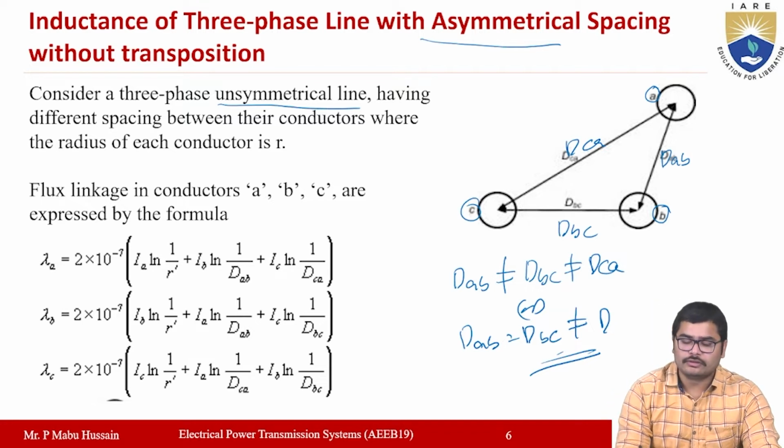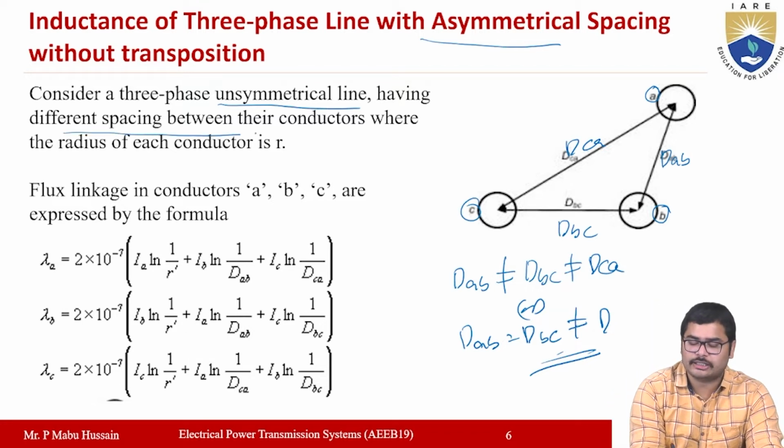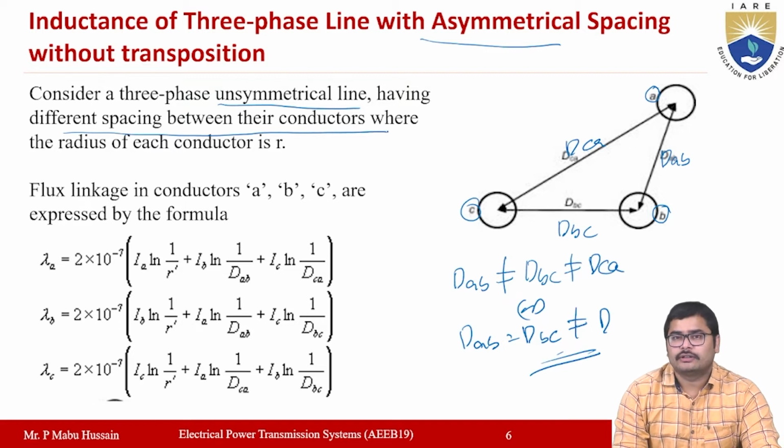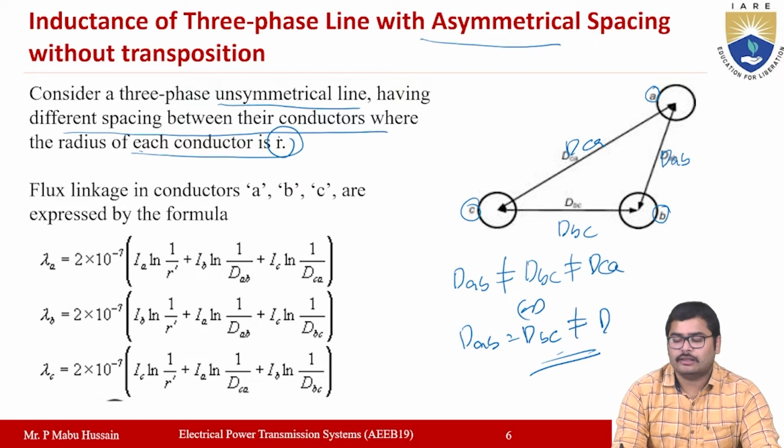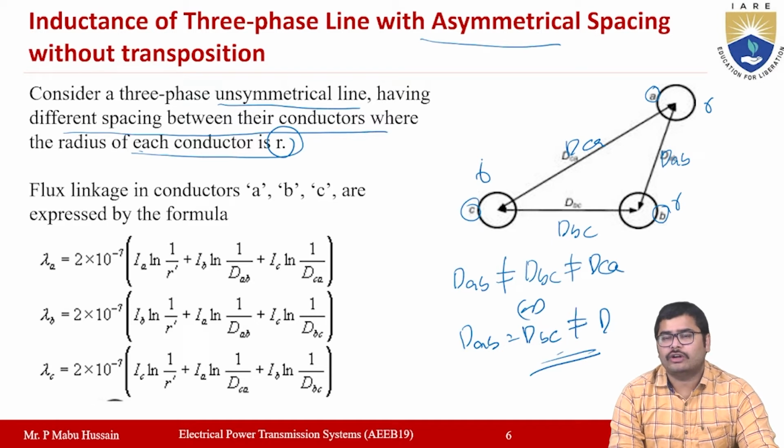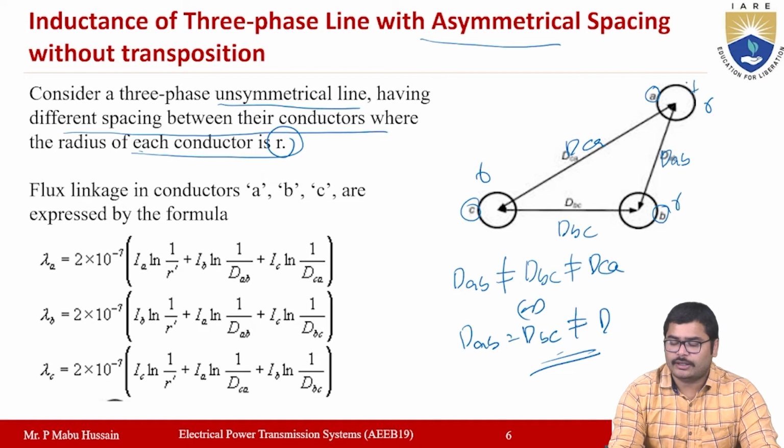They will have different spacings between their conductors, and the radius of each conductor we are assuming to be equal to r. We also assume that the currents flowing in the conductors are IA, IB, IC, and these values are such that the sum of all currents is equal to 0.